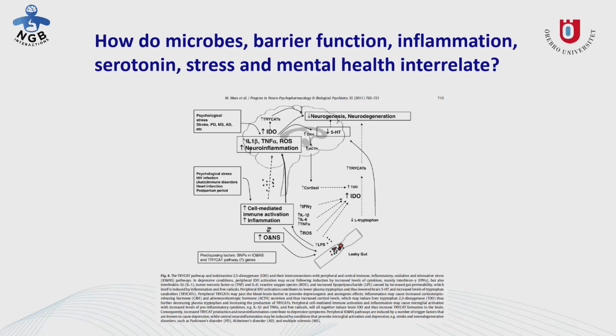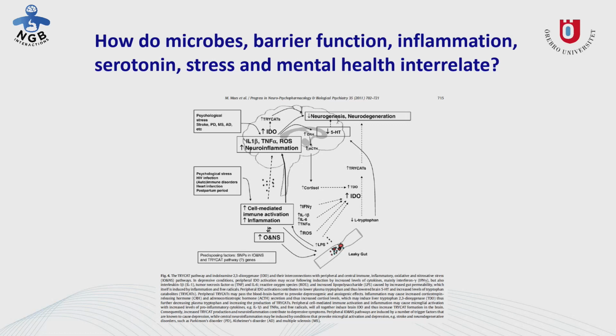So the tryptophan is heavily scavenged in the system and can't reach the brain in the same level as before, and that actually reduces serotonin production and activity in the brain, and that has directly a negative effect on emotions, can cause depression, anxiety, changes in appetite, and so on and so forth.